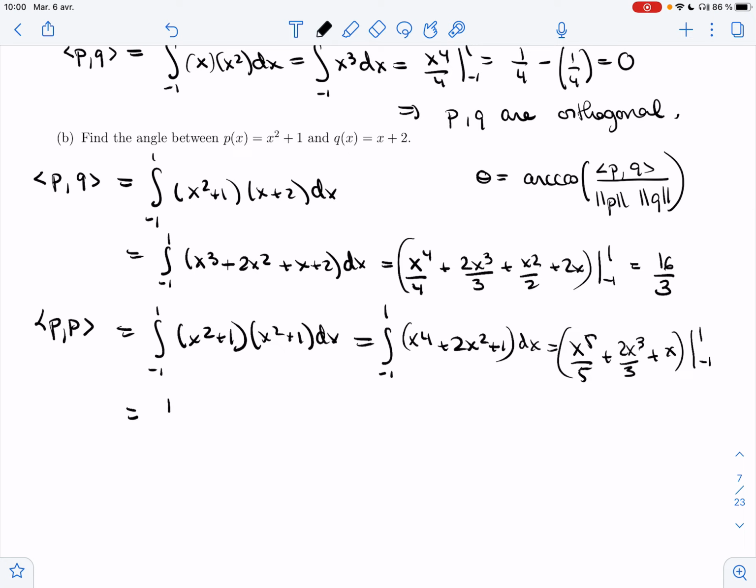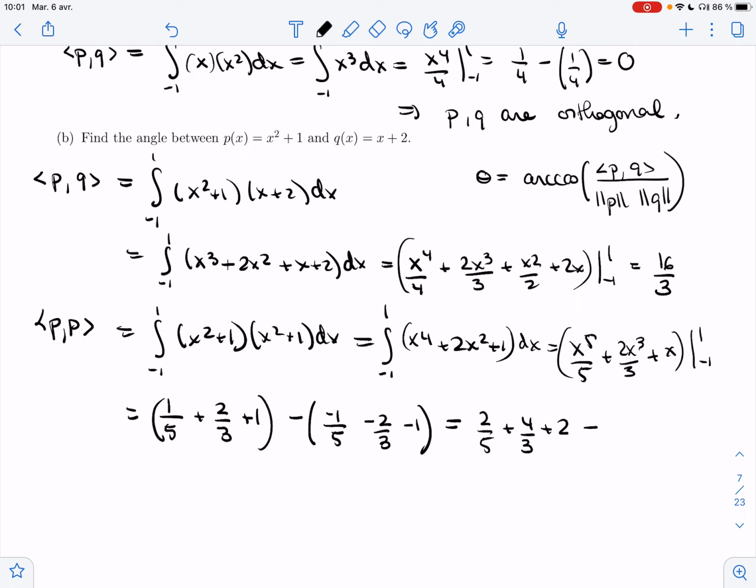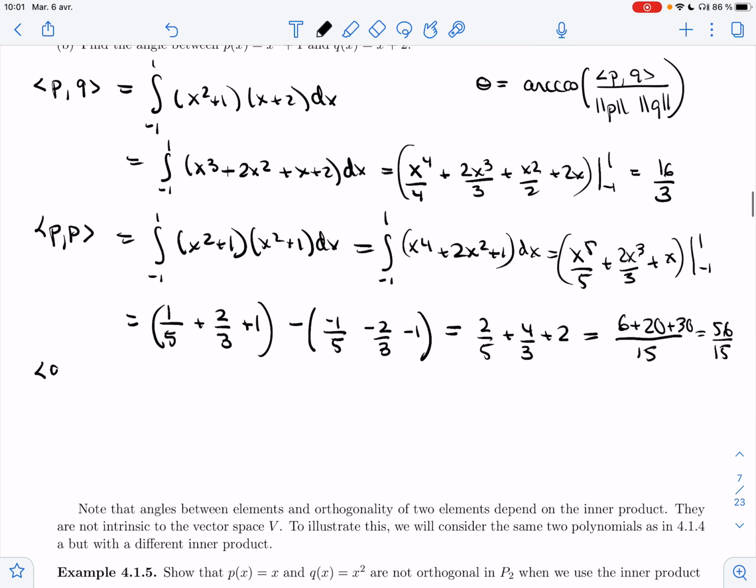Let me do this one completely. That way I'll have done 1 plus 2/3 plus 1 minus a fifth minus 2/3 minus 1. And so I get 2/5 plus 4/3 plus 2. And so that's over 15. That's 6 plus 20 plus 30. That's 56 over 15.